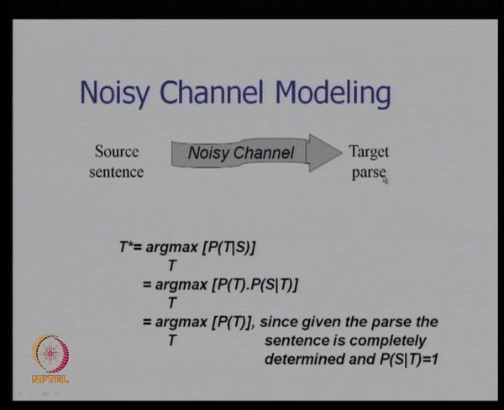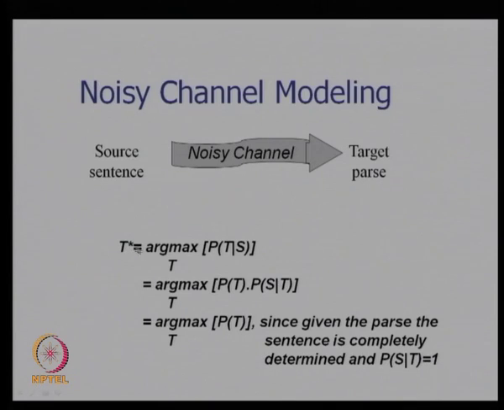The source sentence passes through a noisy channel and produces the target parse. The production of multiple parse trees from the source sentence can be looked upon as injecting of noise as the sentence comes over the pipeline and transforms to the parse tree.